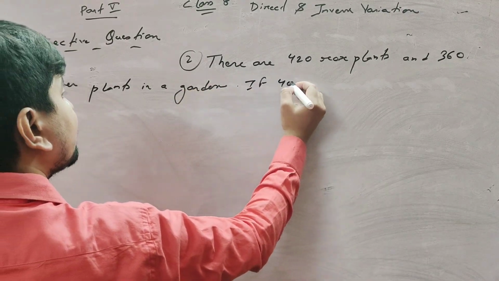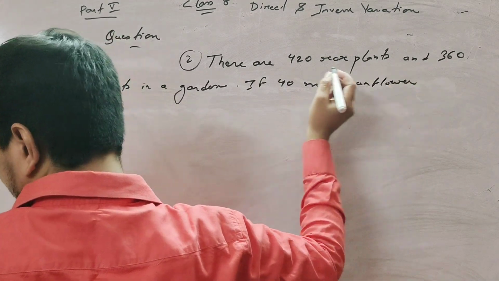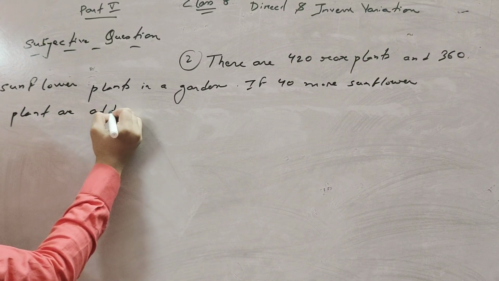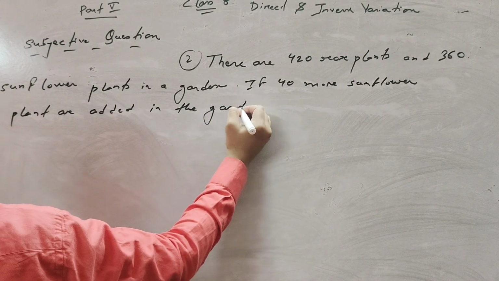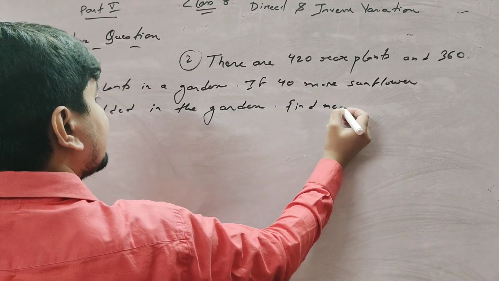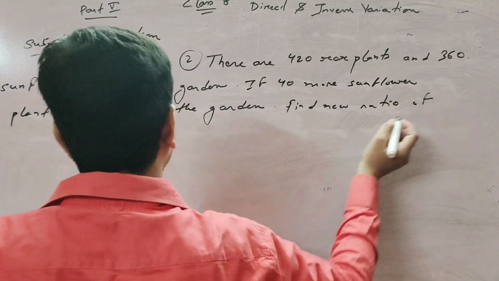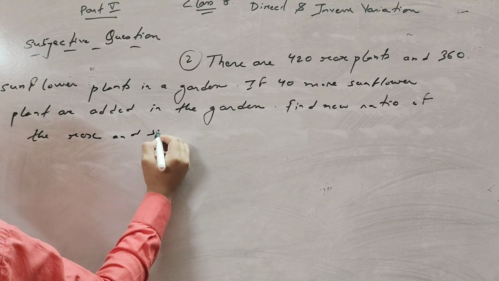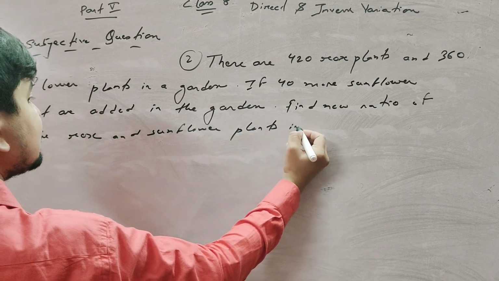If 40 more sunflower plants are added in the garden, find the new ratio of the rose and sunflower plants in the garden.